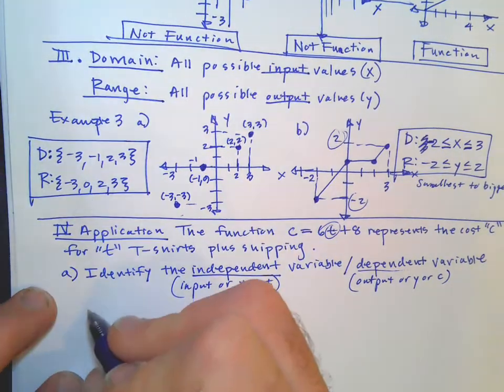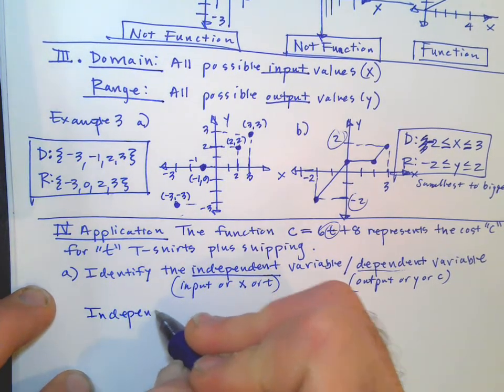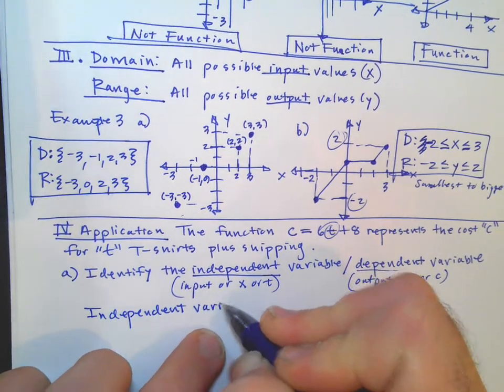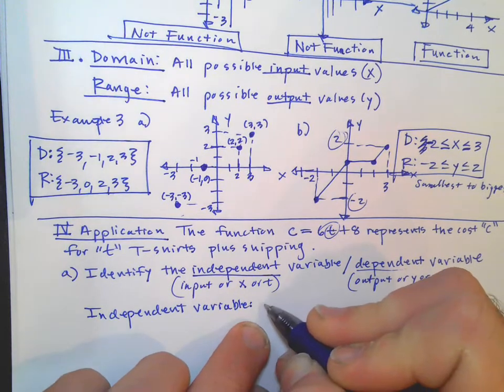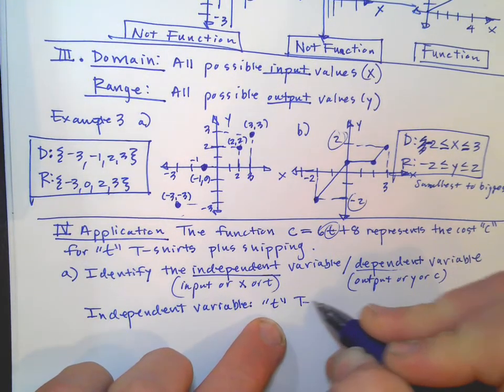So we're going to write this down. Independent variable, this is going to be our answer. Independent variable is going to be t-shirts.